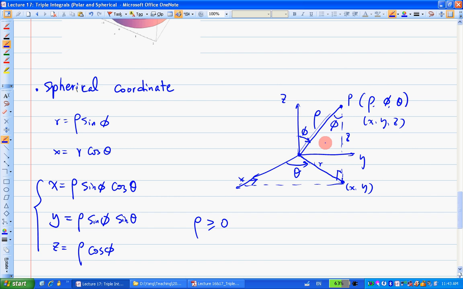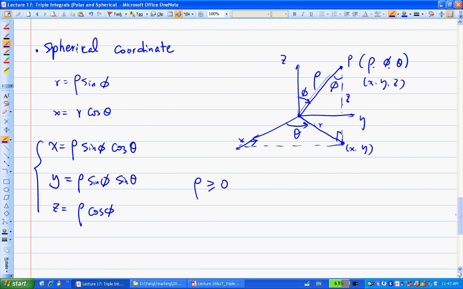And second, this phi angle right here, we're restricting phi to be within 0 and pi. You'll see why that is the case.